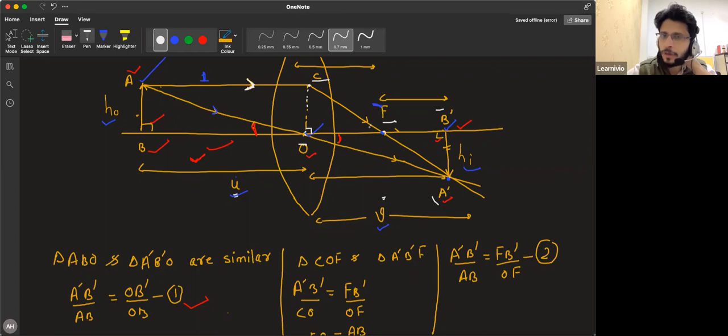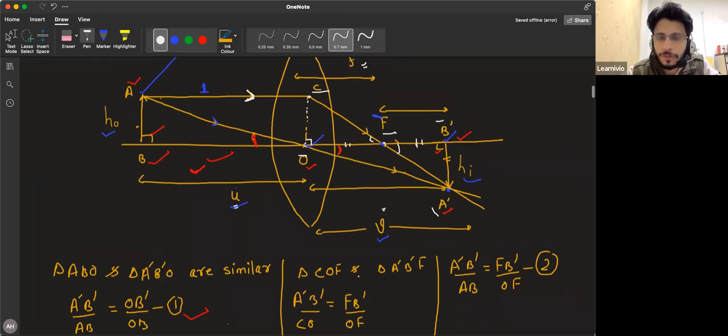These two are vertically opposite angles like the previous case. So if two angles are equal, the third will also be. Let's take the ratio again. A prime B prime by CO will be equal to FB prime by FO. This side, FB prime, and this side, OF. So I'm taking the ratio.